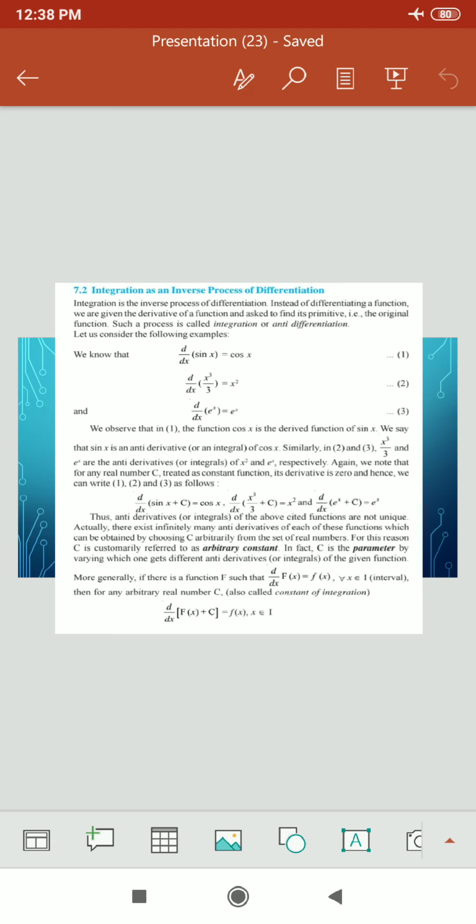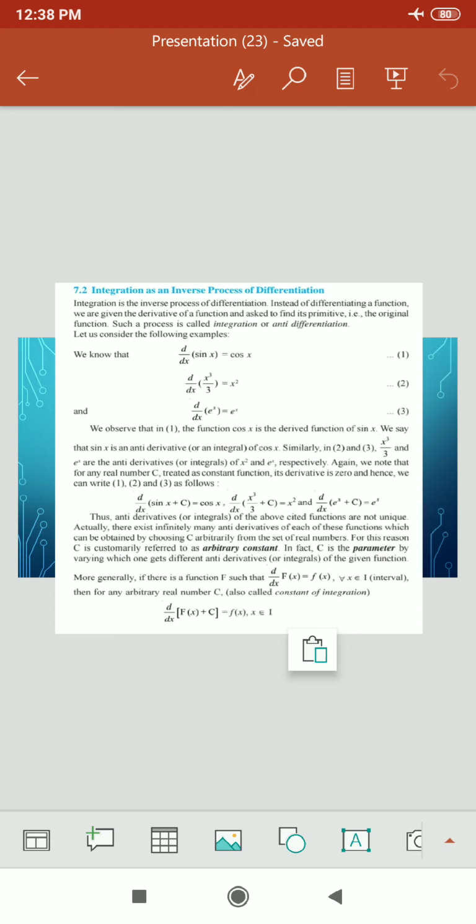We say that sin x is an antiderivative or an integral of cos x. Cos x is the derivative of sin x, so we say that sin x is antiderivative of cos x. To find this antiderivative, the process is known as integration.